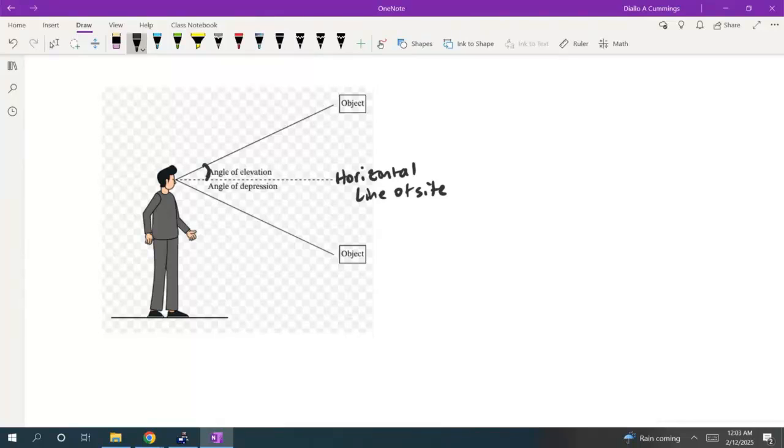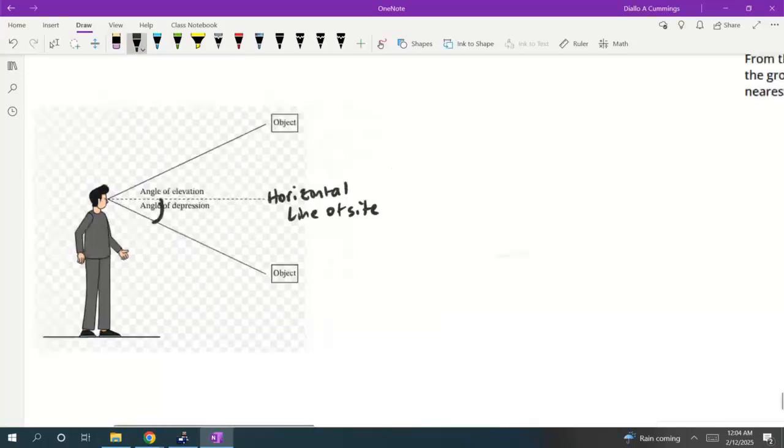And from this horizontal line of sight, the angle of depression is actually this angle. So in our problem, we're going to have that horizontal line of sight, and we're going to find that angle of depression.